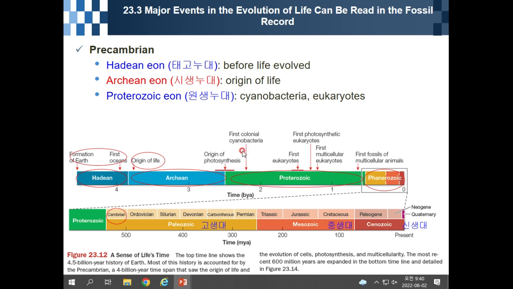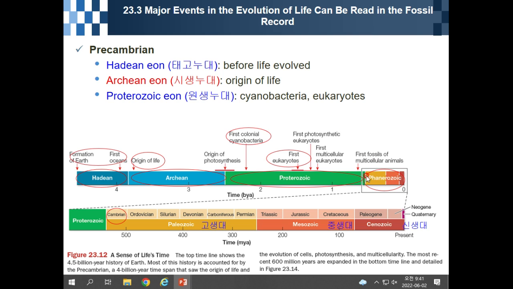At that time, cyanobacteria did photosynthesis and made oxygen like this. And also the first eukaryote appeared in the Proterozoic like this. So this is what we call the Precambrian.